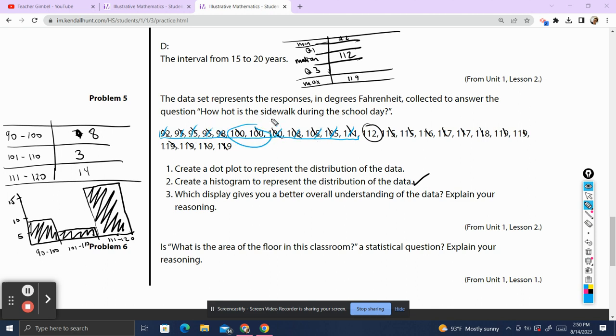I'm left with these 2 in the middle, so I add them up and I divide by 2, which gets me 100. And then Q3, I'm going to do the same thing with the top part of my data. So cross out, cross out, cross out. We see we made a mistake, so we start again.